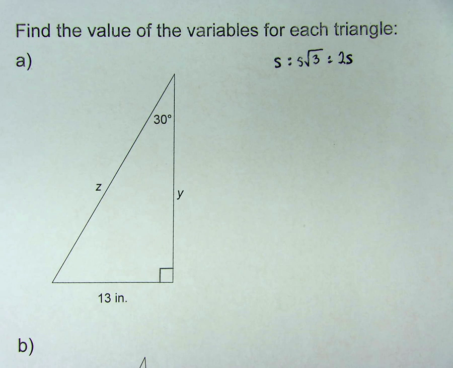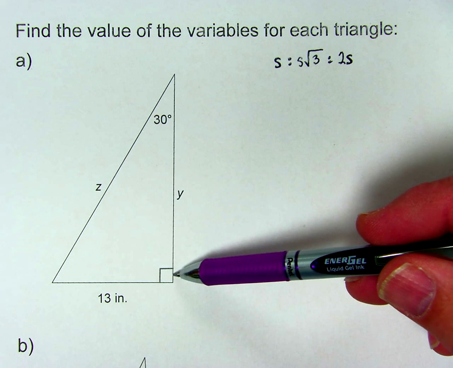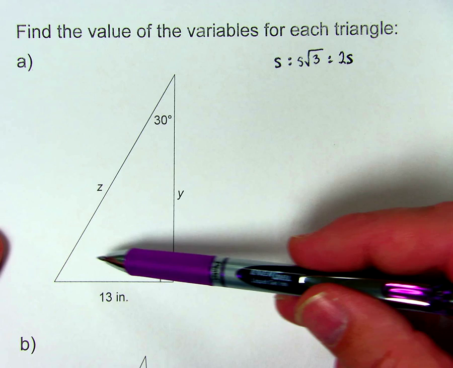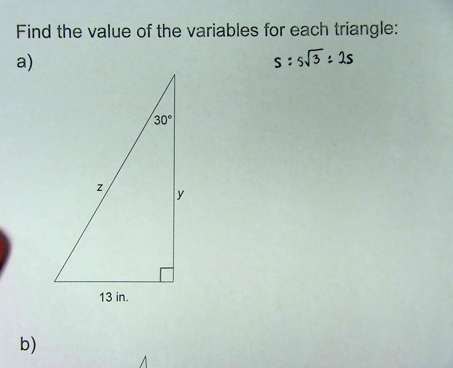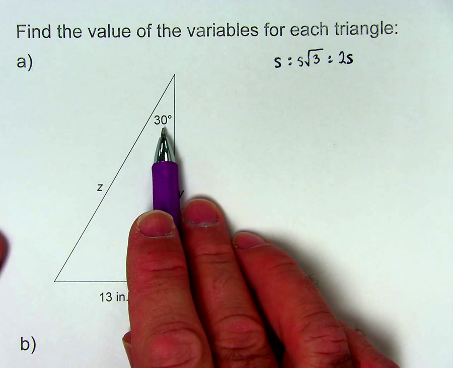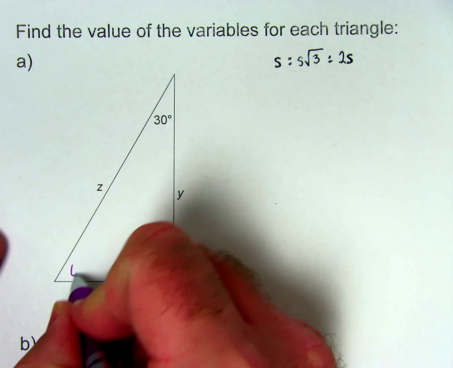So in this particular triangle, I do have a right angle, that's my 90 degree. These two angles then must have a sum of 90 degrees for the total to be 180 degrees. So if this one's 30 degrees, 90 degrees minus 30 degrees would make this angle 60 degrees.